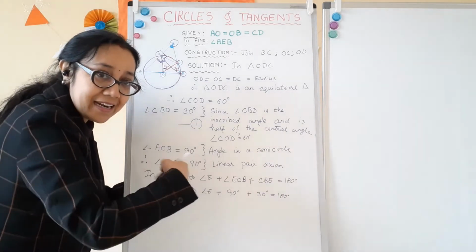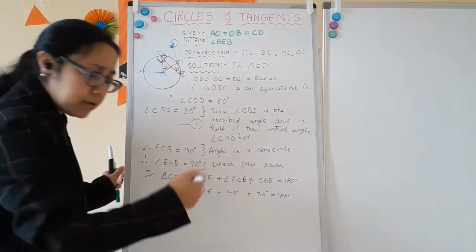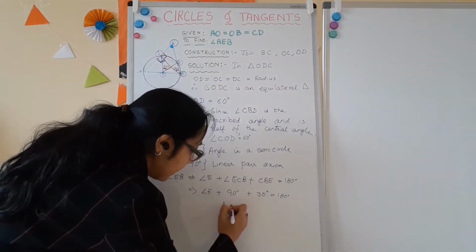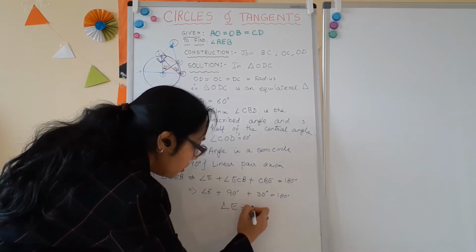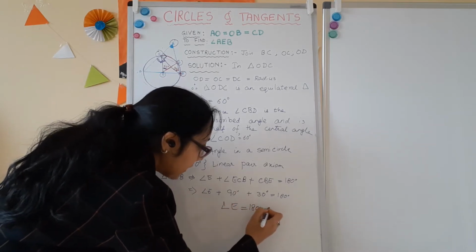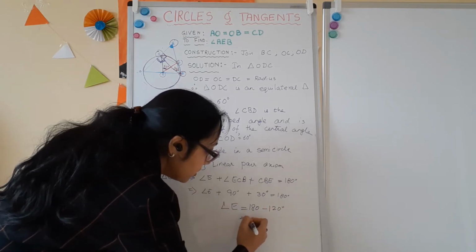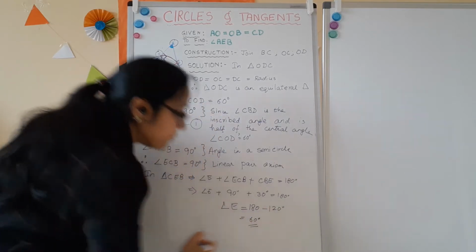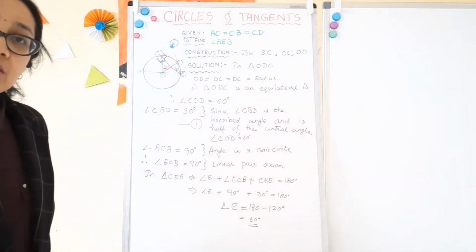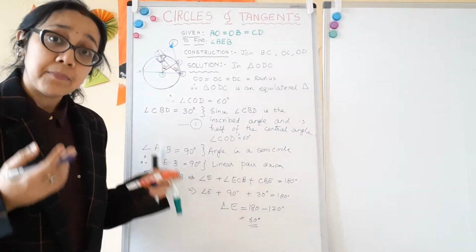Correct? And hence, what can you write? You can now derive it very easily. We can write angle E is equal to 180 minus 120, which is equal to 60 degree. So this is your answer. This is how you will approach the problem.